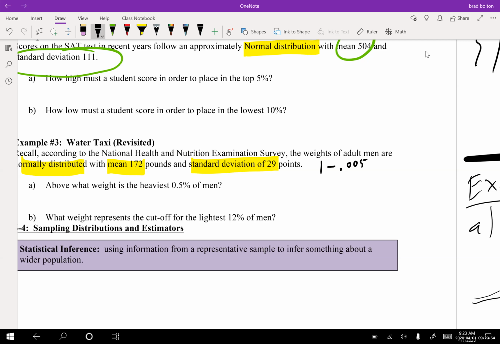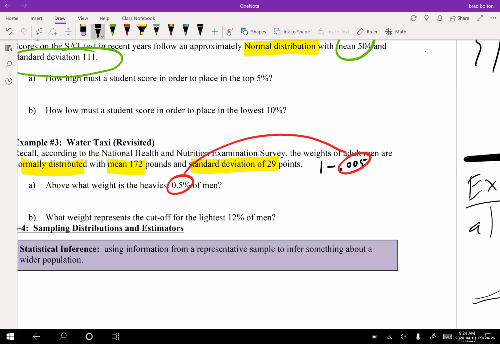So if we took 0.01 and divided it by 2, we would get 0.005. That means we're dealing with half of 1%. So that's where I got this from, by the way, guys. This told me this over here. And we're doing this so we can find the bottom half of the graph. So we're going to do 1 minus second function answer, and we get 0.995.